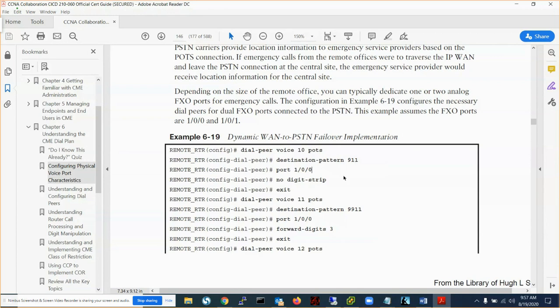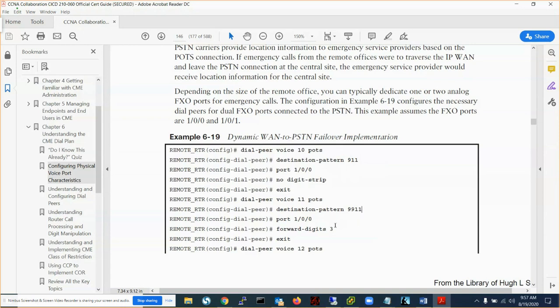They put in a note, no digit strip, to make sure it doesn't strip the numbers. Same thing as what I did for NIB. In case the person decides instead of calling 911 to put a 9 in front, you want to strip the first 9.